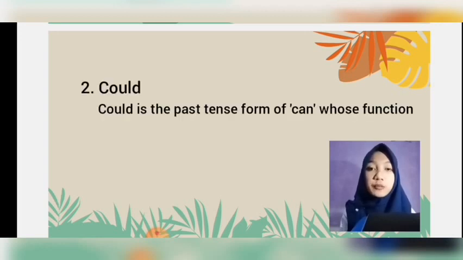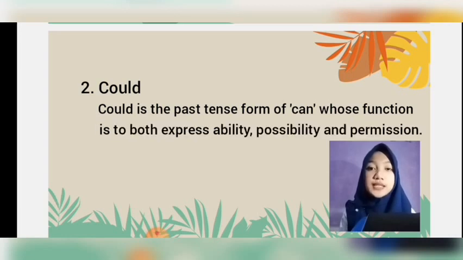And the second is could. Could is the past tense form of can, whose function is to express ability, possibility, and permission. However, in its use, it seems more formal and polite.